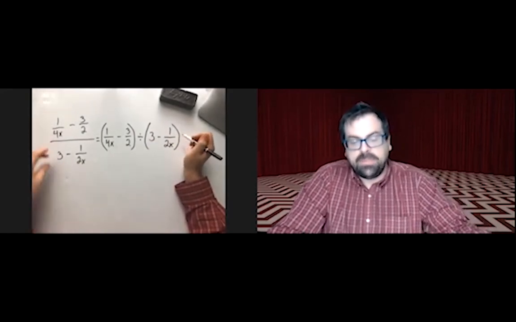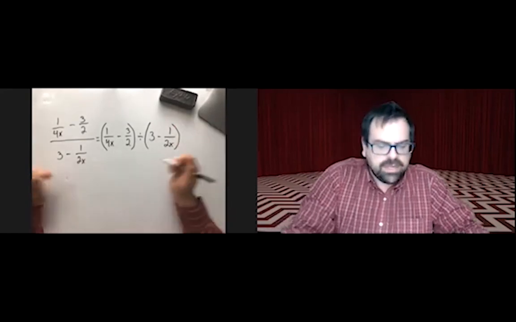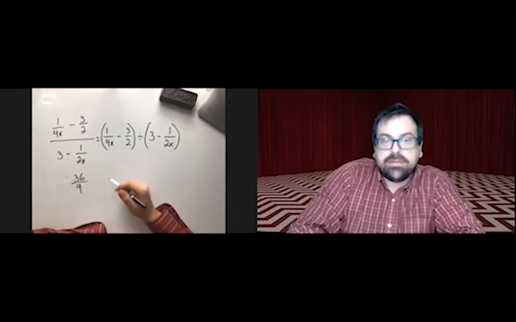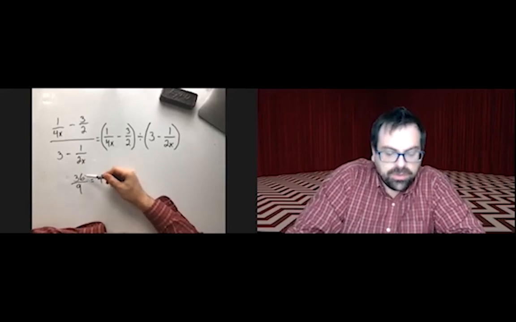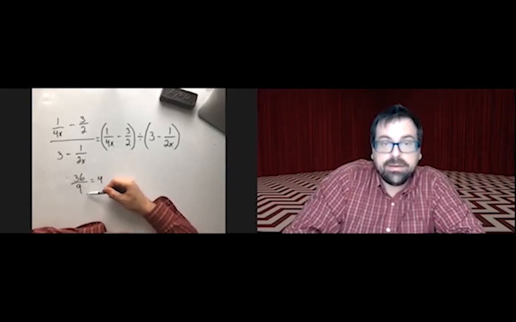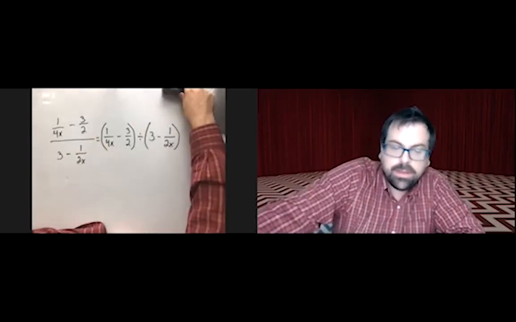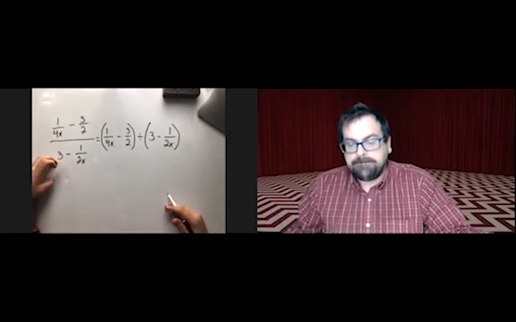Top divided by bottom. Just like if we had 36 over 9. Why is this 4? Well, because it's a division problem. 36 divided by 9. So top divided by bottom.